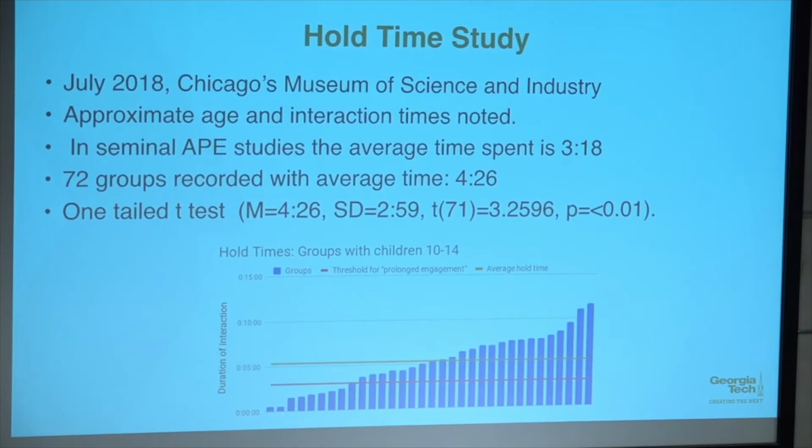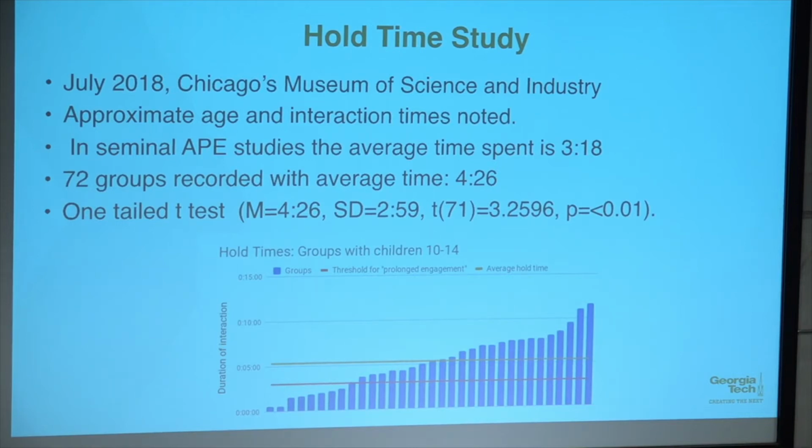So we saw how GrooveMachine was made. We conducted a time study to see whether GrooveMachine is indeed able to generate this interest. In July 2018, at Chicago's Museum of Science and Industry, this study was conducted where the approximate ages and interaction times of groups were noted. In seminal age studies, the average time spent was 3 minutes and 18 seconds.